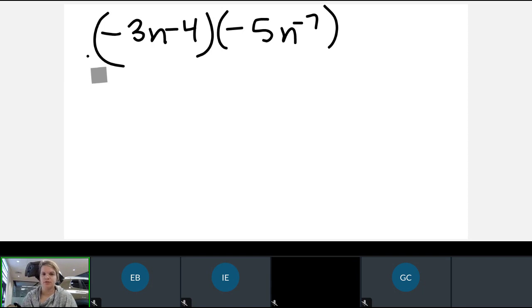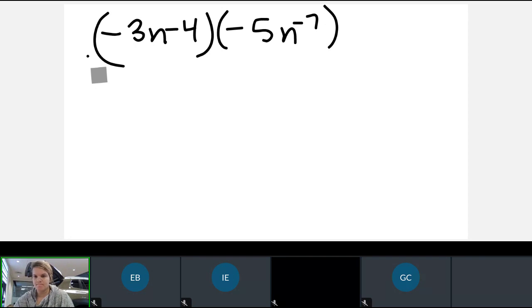So coefficients are numbers in front of variables. Nope, not the numbers and exponents, just the numbers in front of variables. So tell me the numbers.